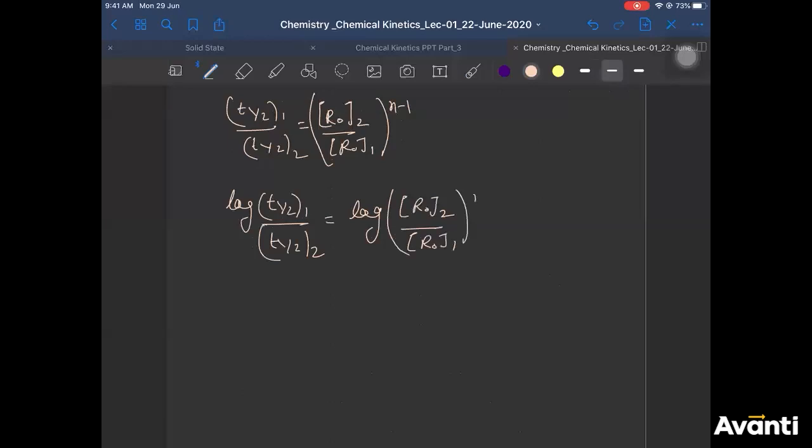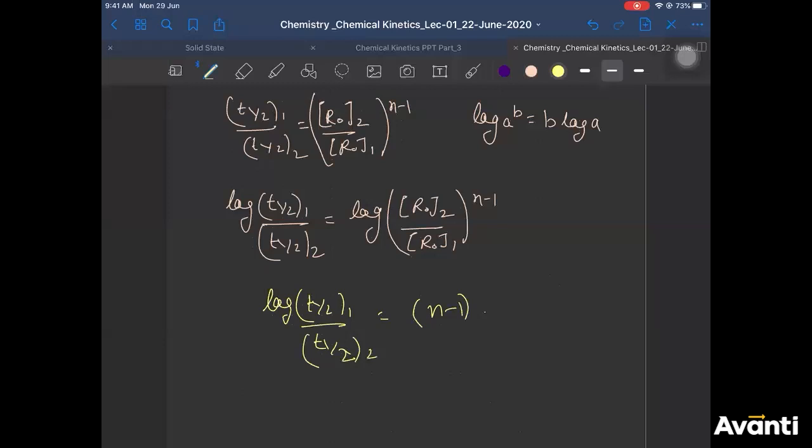power n minus 1. Now for log, you can apply the property log a to the power b is b log a. That means this power n minus 1 will come outside. So you'll get log of t half 1 by t half 2 is equal to n minus 1 times log of R naught 2 by R naught 1.